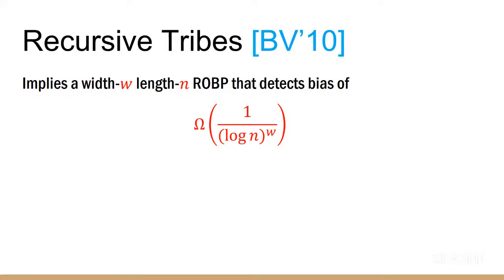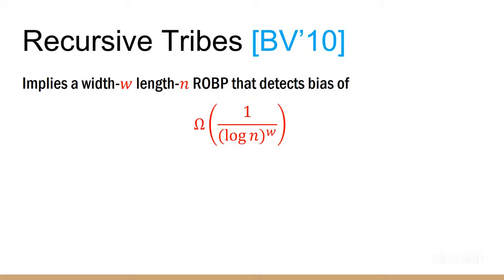The paper by Steinberg shows that, maybe up to 1 by log squared factors, but it's tight: if you have a width W read-once branching program, you cannot solve the coin problem for biases smaller than 1 by (log n)^W. And just as a side note, this fact is used in pseudorandomness, where you are saying that a biased coin can fool read-once branching programs. So these kinds of techniques also have applications to pseudorandomness.